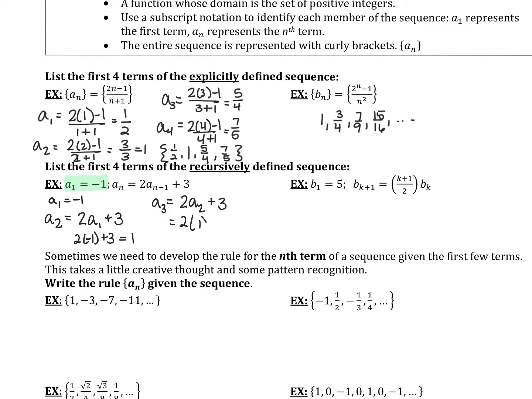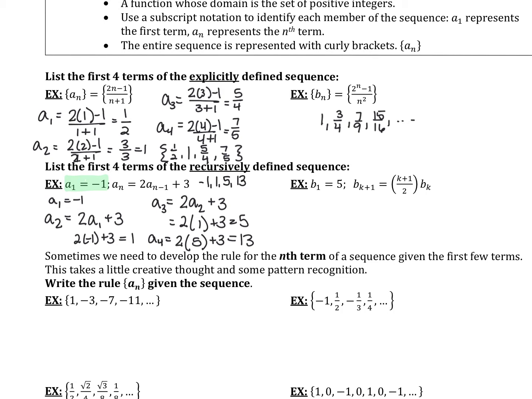Well, the term before it was 1, plus 3, which gives me 5. And then to find my fourth term, I would need to do 2 times the term before, which was 5, plus 3, which gives me 13. So my ordered list of numbers here would be -1, 1, 5, and then 13.